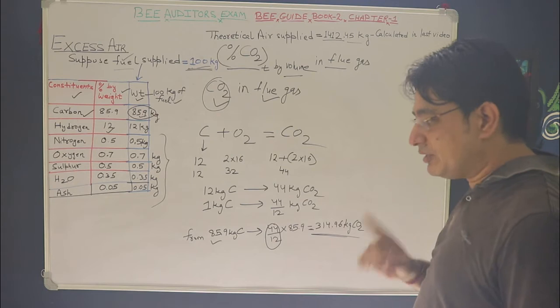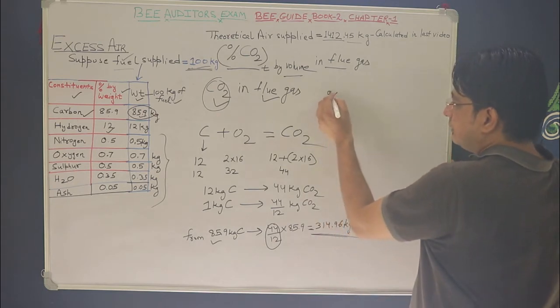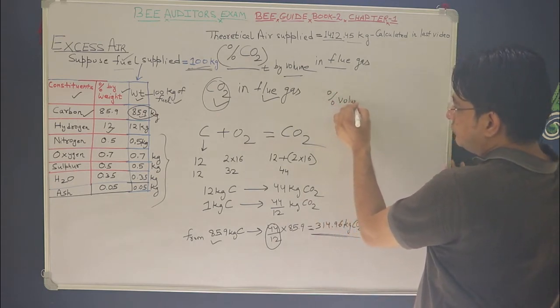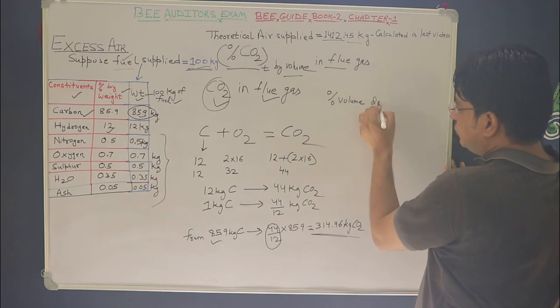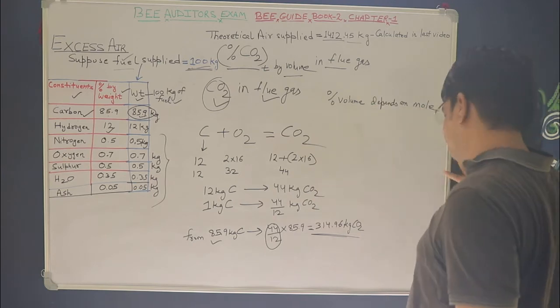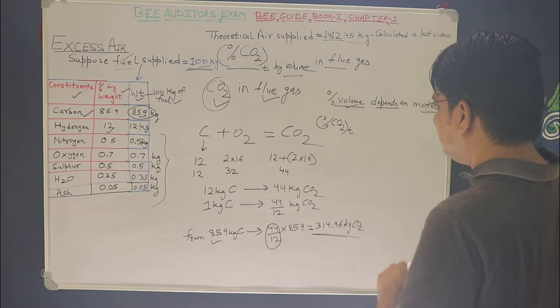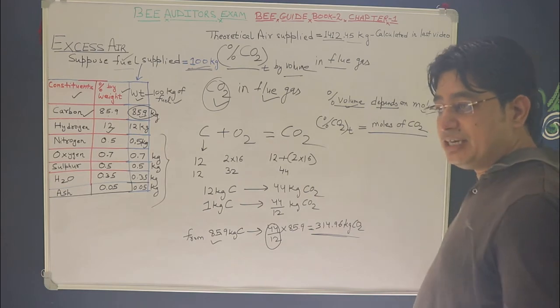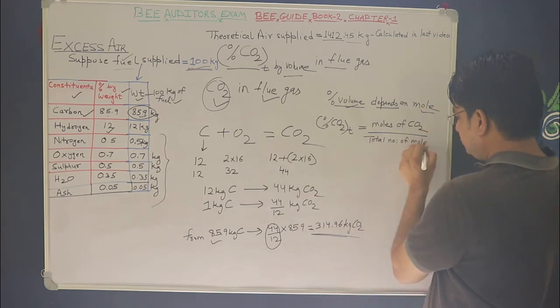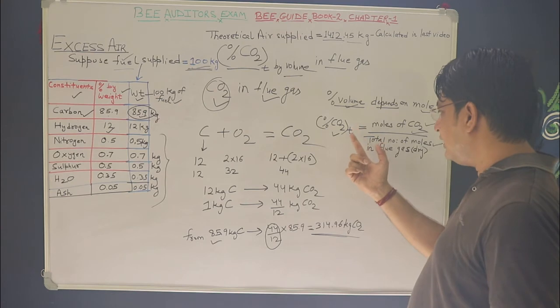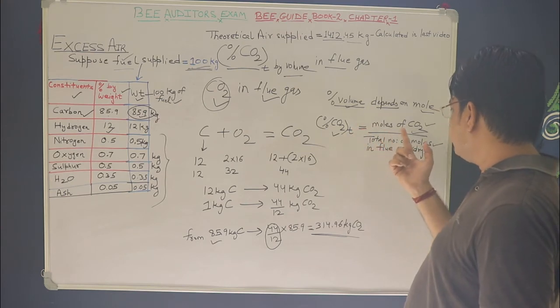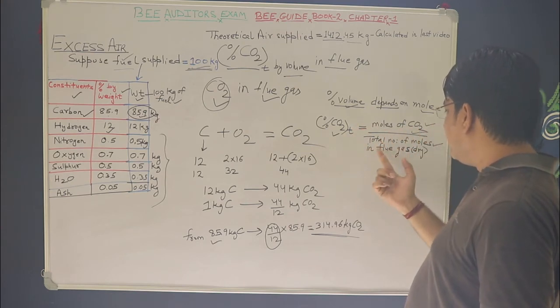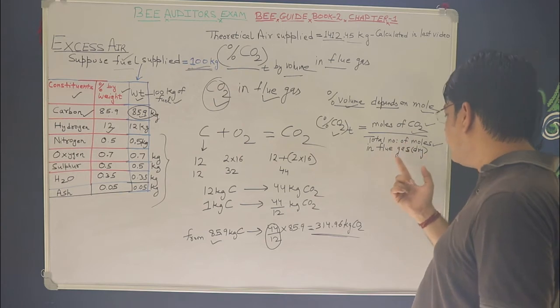Now you should also remember that percentage volume depends on mole. So percentage CO2 theoretical can be calculated as moles of CO2 divided by the total number of moles. Percentage CO2 theoretical is equal to moles of CO2 present over the total number of moles in flue gas.